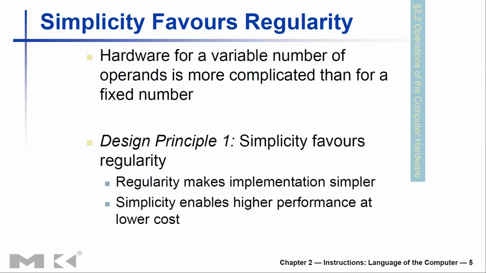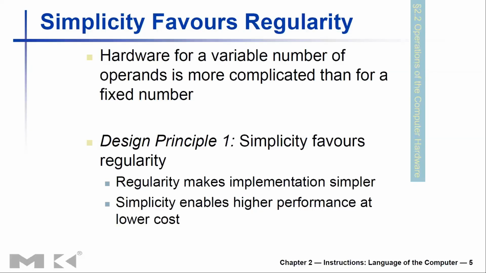Now, say you are going to support instructions that can take a variable number of operands. Then if you design a hardware processor that can perform these operations, that hardware will have to check the number of operands available in the instruction, and then it needs to do the calculation.